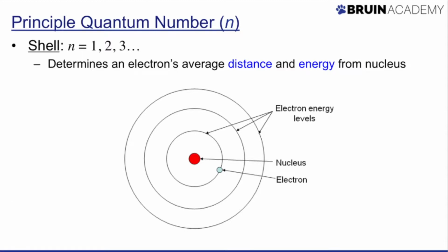Electrons that are very close to the nucleus have small principal quantum numbers. So this would be n equals 1, and as we move further out, this is going to be n equals 2, and n equals 3. And as we move outward, the energy of our electron increases, as well as the distance. So that's the principal quantum number. Very simple, nothing too crazy about this one.